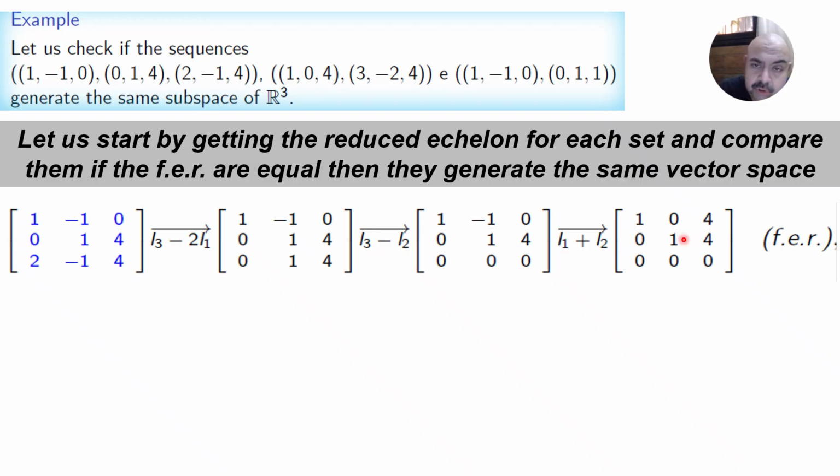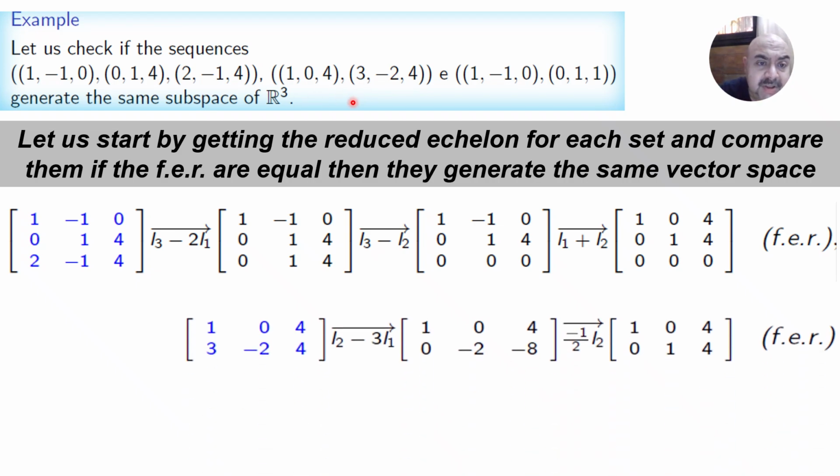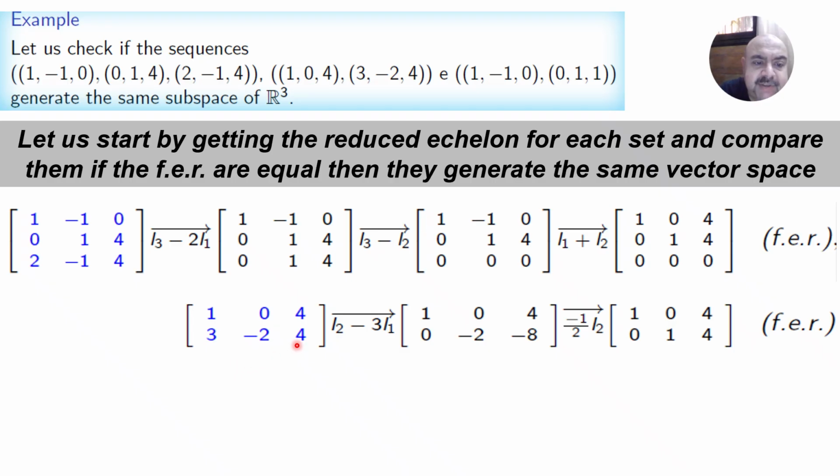Let's check also if I did the same sequence of row operations with the other basis, am I going to reach this result or not? So I will start with the second sequence, which is 1, 0, 4, 3, -2, and 4. And I will also work our magic with row operations in order to get a reduced echelon form, which is very, very simple.